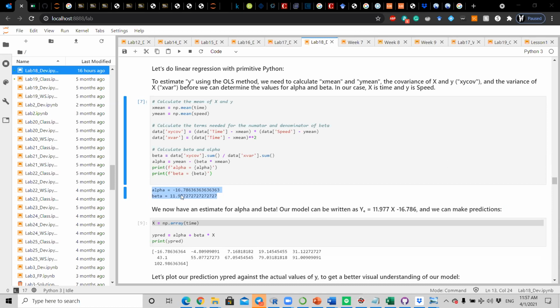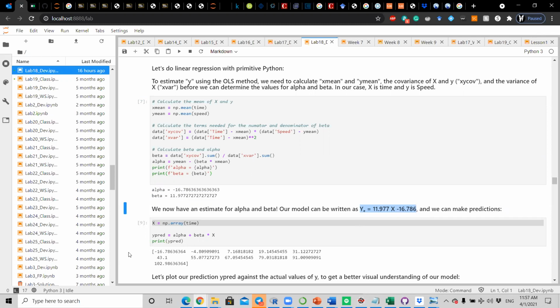Now that we have an estimate for alpha and beta, we can write our linear model. So the estimated value of y will be equal to whatever time we have as input multiplied by 11.977 minus 16.786.